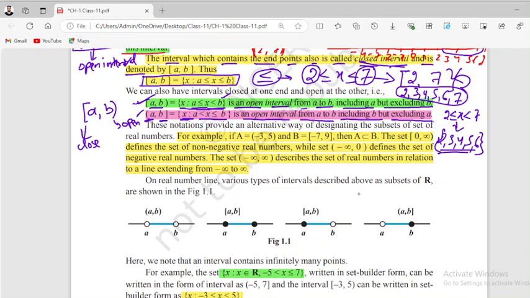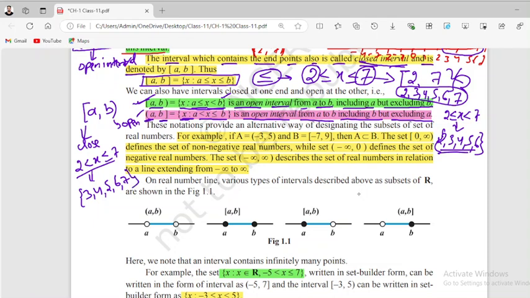Suppose 2 < x ≤ 7. So we can represent this like 3, 4, 5, 6 and 7.